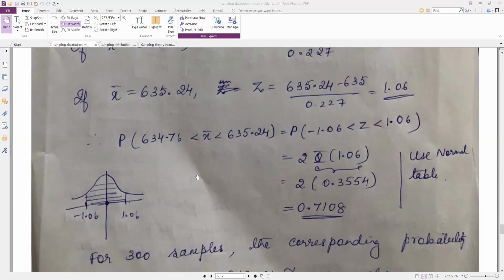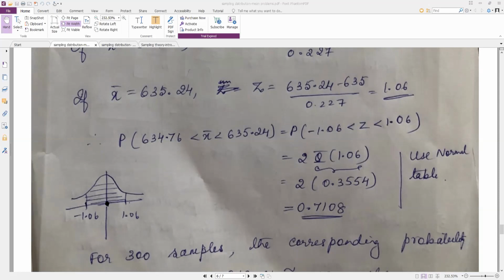So our probability lies between this region. Do you remember the total area is 1, correct? The total area is split into 0.5 and 0.5.